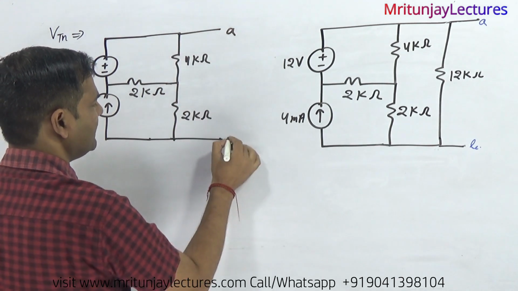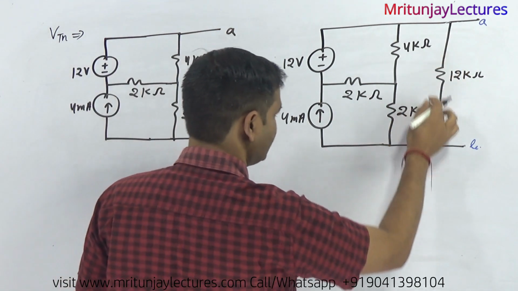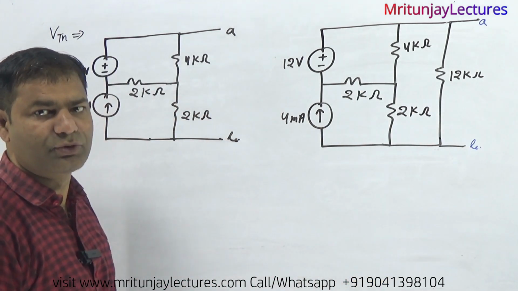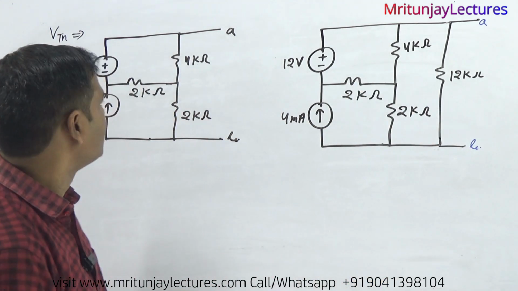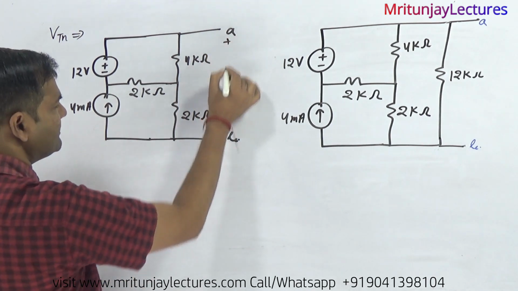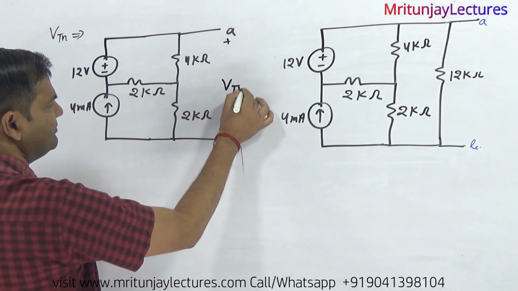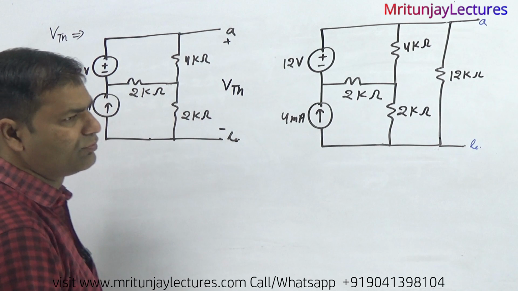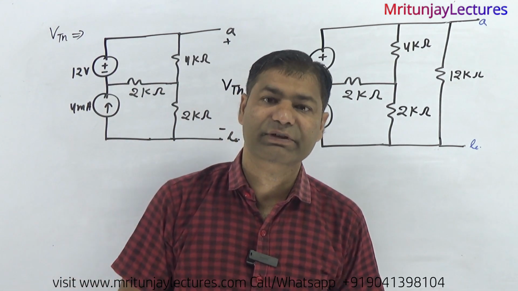Now that is A and that is B, and this one is removed. So the circuit looks like this, and that is plus, that is minus, that is VTH. Our motto is how we can determine VTH.